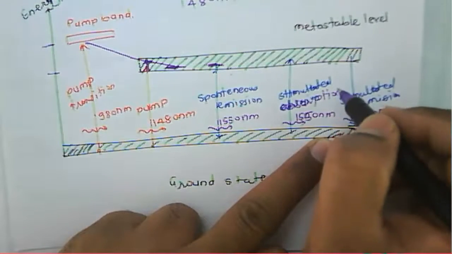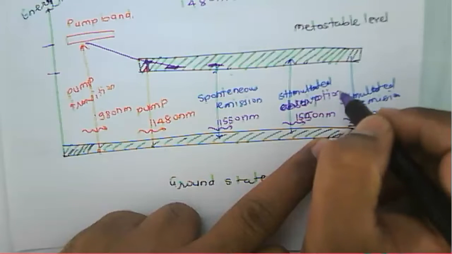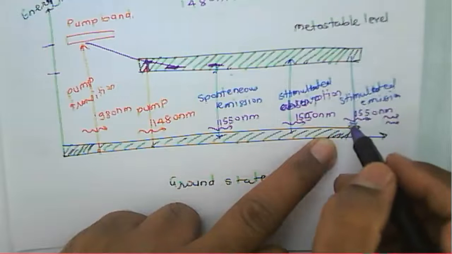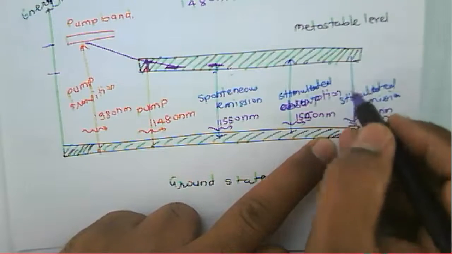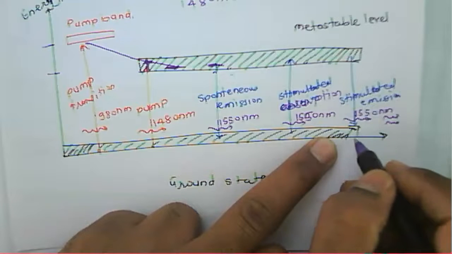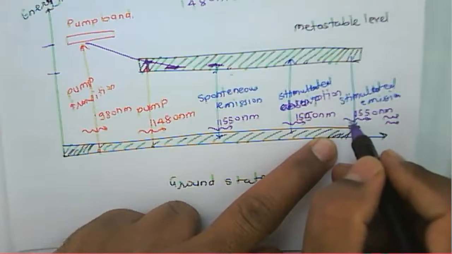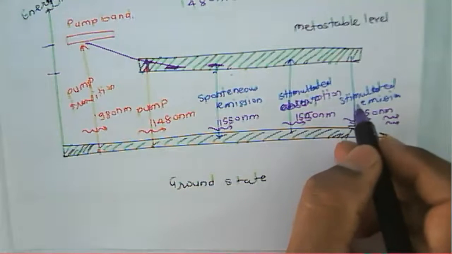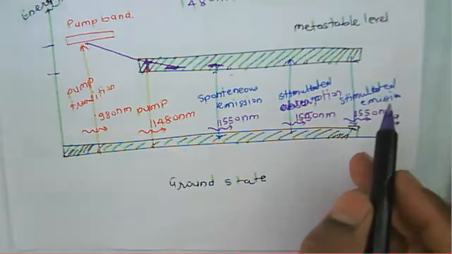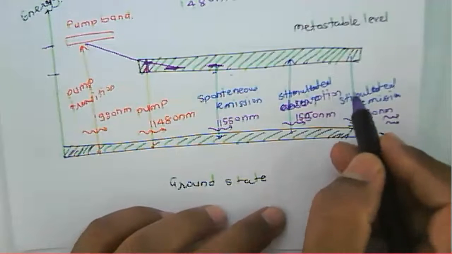So a signal, a photon, will trigger that excited ion, and it will drop down to the lower ground state, and because of that an emission takes place.